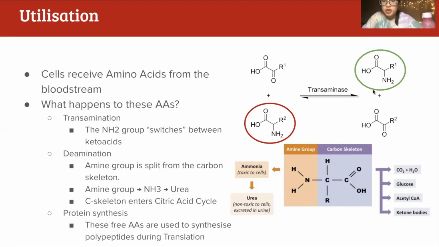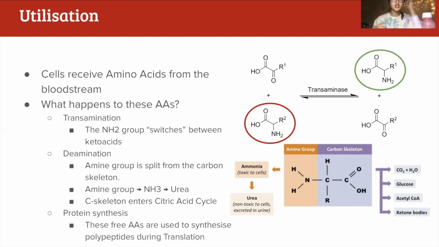So by transamination, you see that this one with the R2, the one that previously had the NH2, no longer has the NH2 because this NH2 has been given over to the one that had the R1. And now this is an amino acid, and this one is no longer an amino acid. So basically what happens is that the NH2 just switches between keto acids and kind of confers upon different keto acids the status of being an amino acid, if you think of it that way.